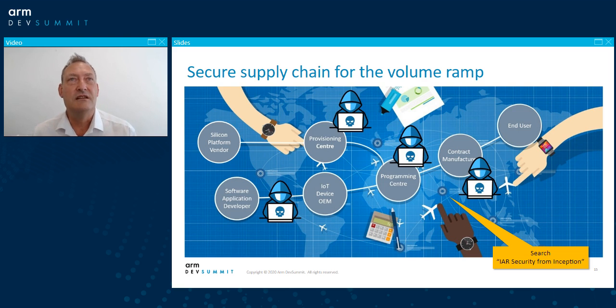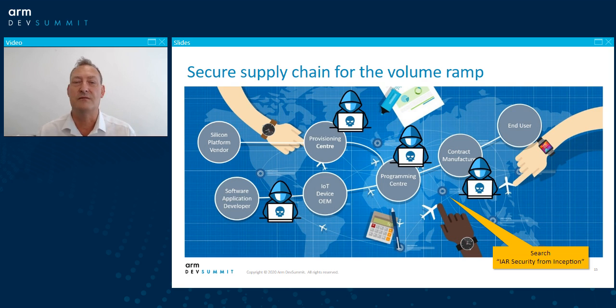So to conclude, I want to make sure you leave thinking about the whole supply chain here, thinking about your volume ramp. The supply chains for products today are very complex. We have silicon providers on the left-hand side here, providing chips to provisioning centers. We have the hardware and software development engineers who are delivering out their respective deliverables.